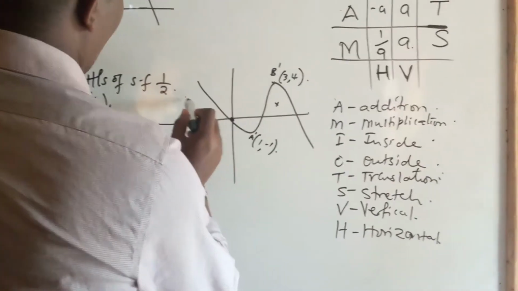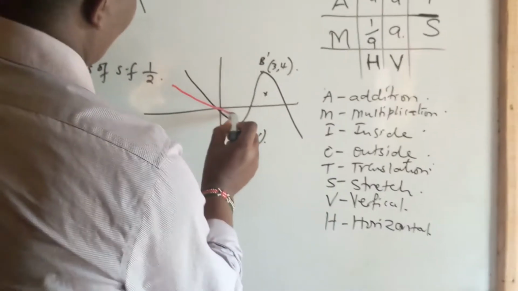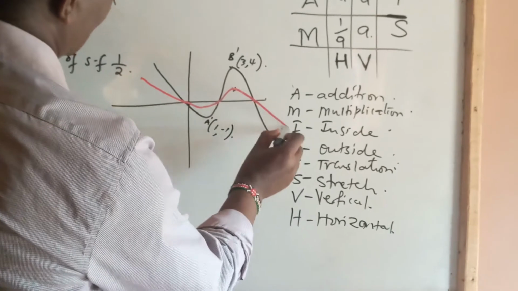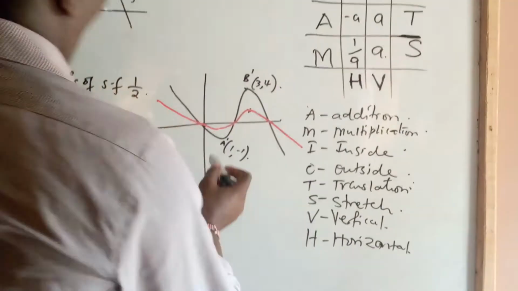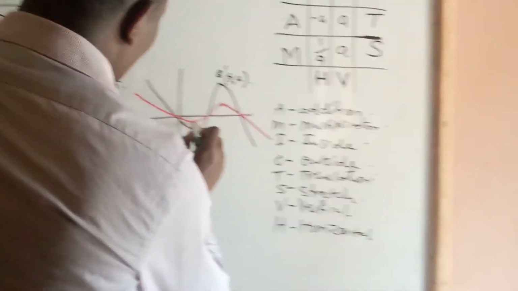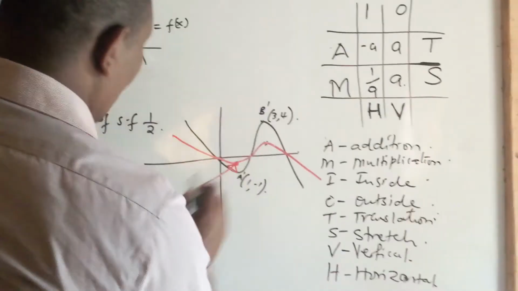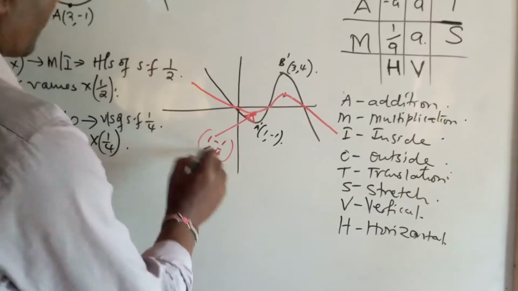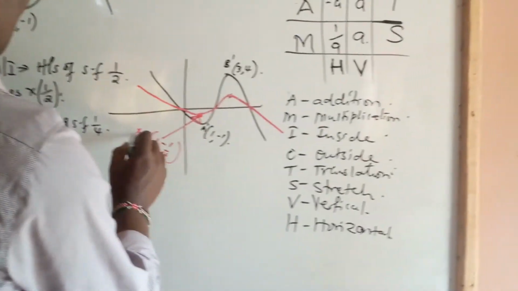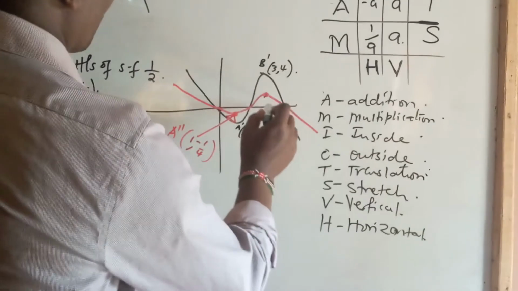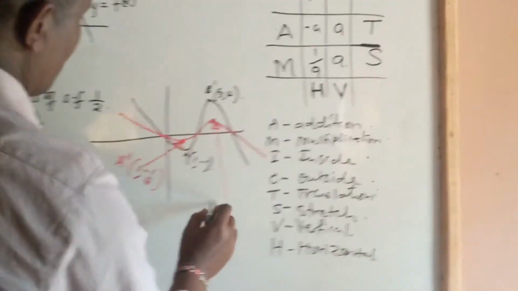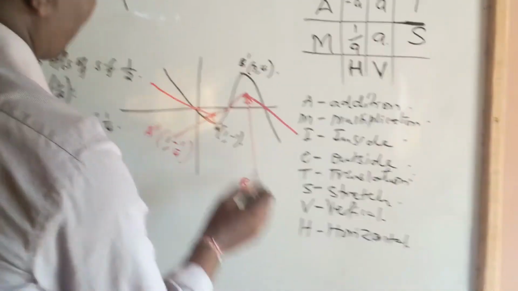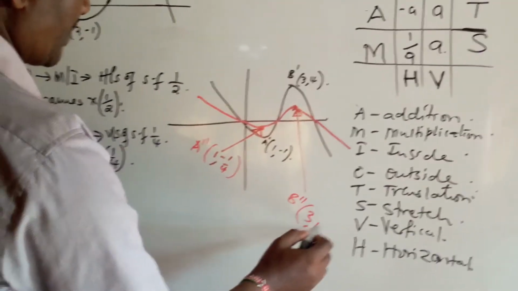So we are going to have a graph that really looks like that. The red one, what we need conspicuous is this point. And that point, we are going to have coordinates 1, minus a quarter. And this point is A double prime. And this point, which is B double prime, we're going to have a 3, 4 divided by 4 is a 1.